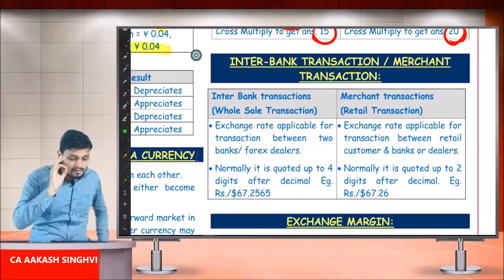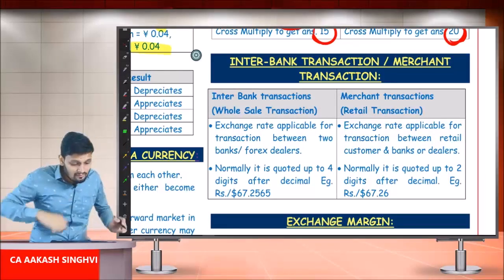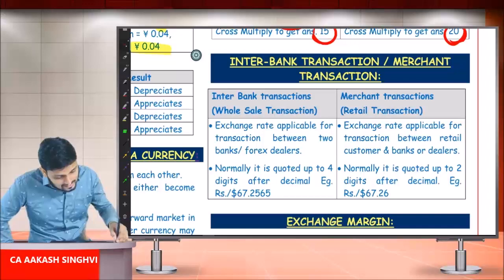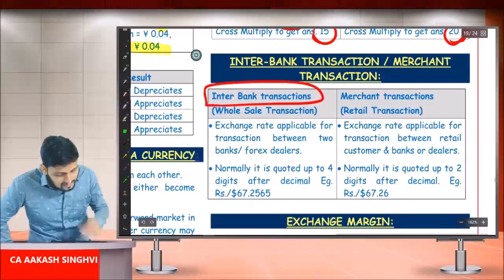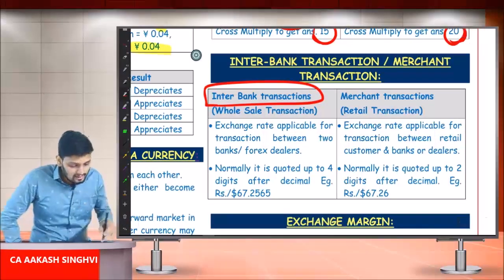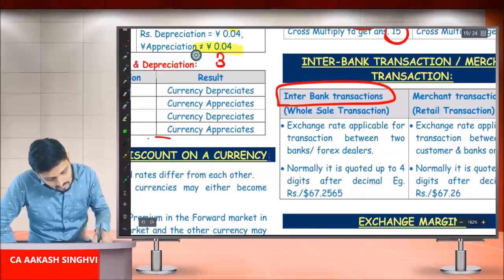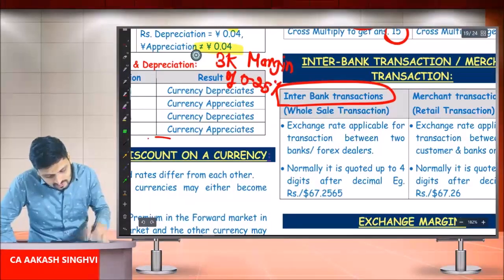In examination they will give you interbank rates, and they will tell you that the bank will have a margin of say 0.25 percentage.